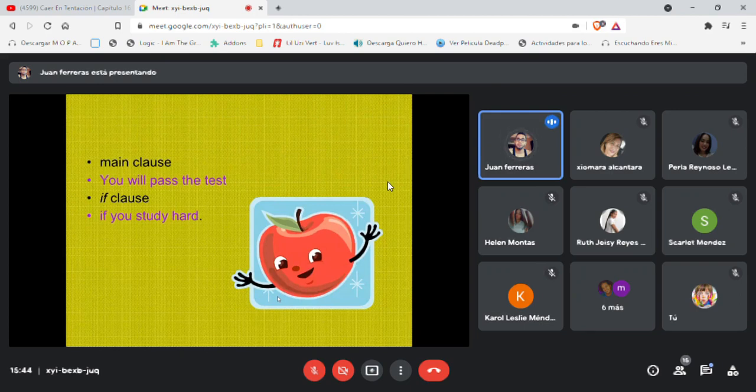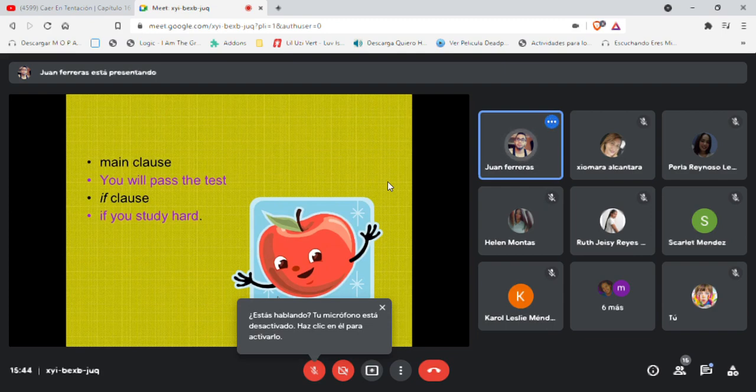Ahora bien, si una oración comienza con la cláusula principal y termina con la cláusula if, en ese caso no tengo que utilizar coma para dividir ambas cláusulas. La coma solo se utiliza cuando yo comienzo con if. So, you will pass the test if you study hard. It's the same as if I say, if you study hard, comma, you will pass the test.